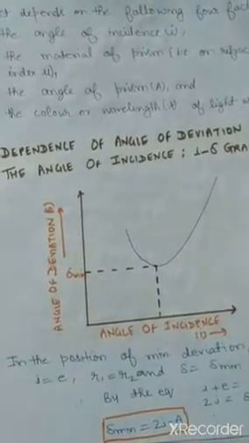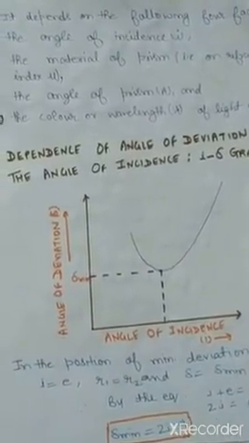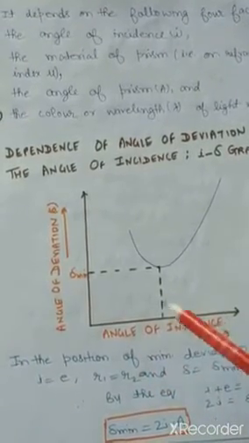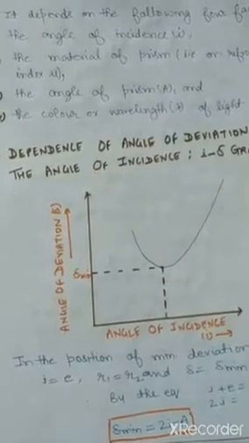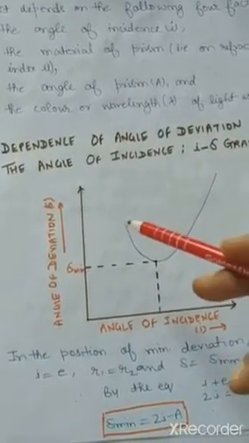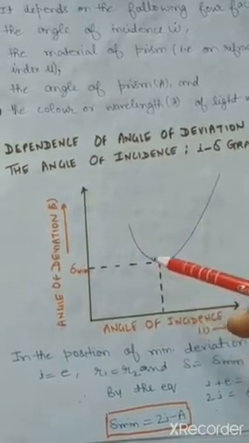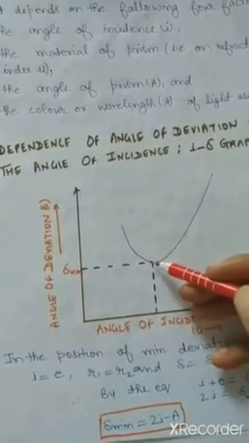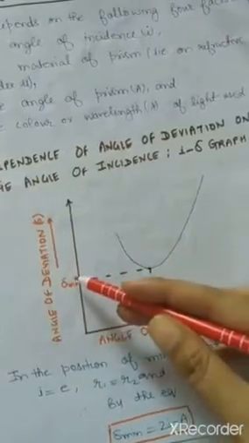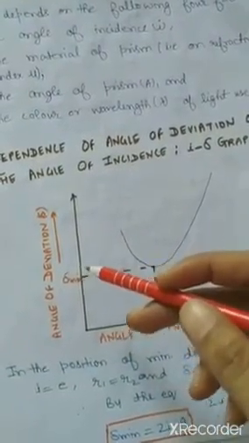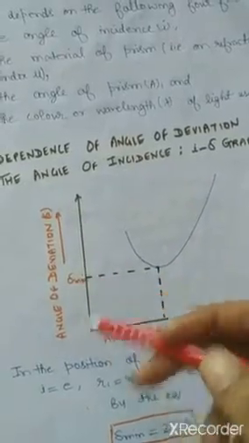So if we plot a graph by doing an experiment, taking the angle of incidence on the x-axis and the angle of deviation on the y-axis, we will see that with an increase in the angle of incidence, first the value of deviation starts decreasing, and then it reaches a minimum value, which we name the minimum angle of deviation, delta minimum.